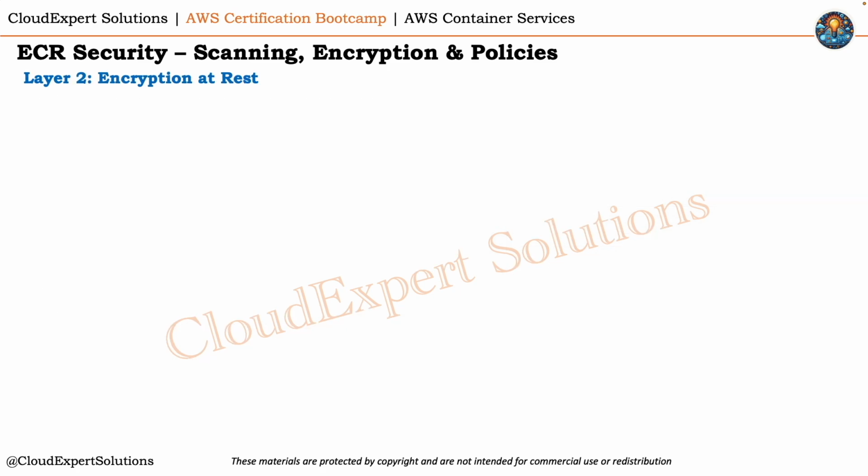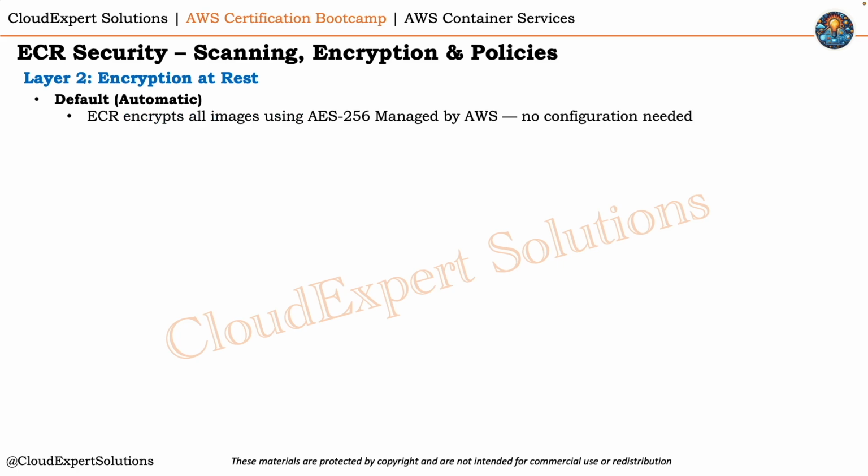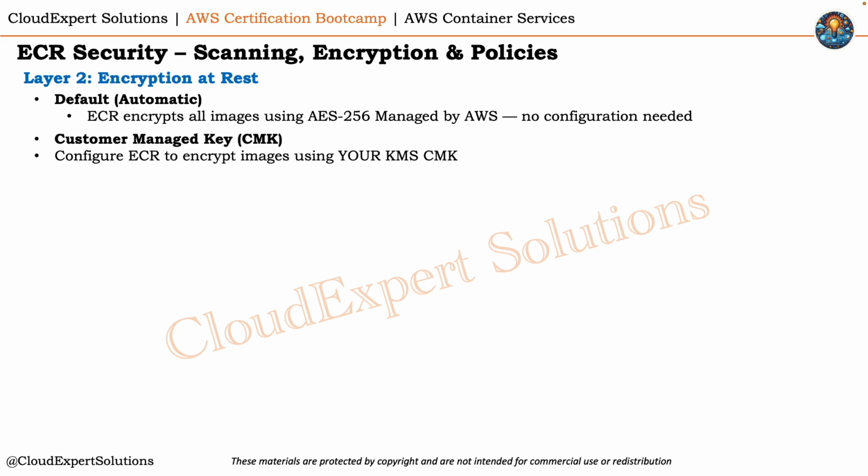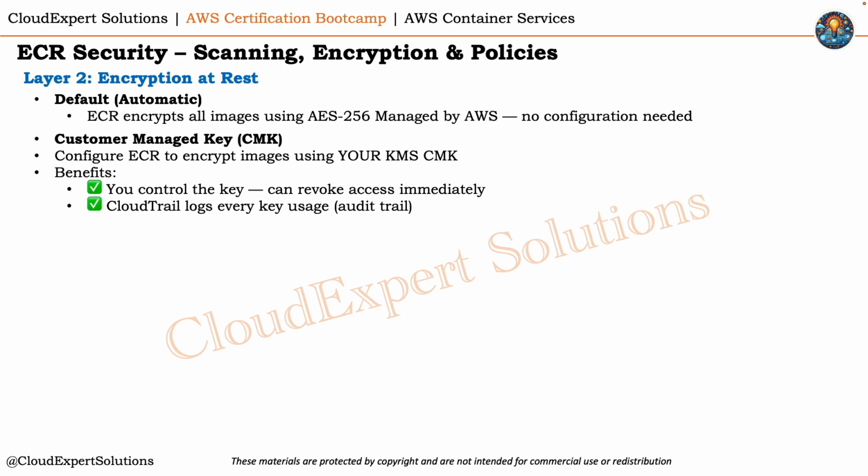Then layer 2 is encryption at rest. All ECR images are encrypted by default with AES 256 managed by AWS, no action needed from your side. It is always on, but for compliance requirements where you need to control the encryption key yourself, you can configure ECR to use a customer managed key from AWS KMS. This gives you full key control, CloudTrail audit logs of every operation, and the ability to immediately revoke access by disabling the key.